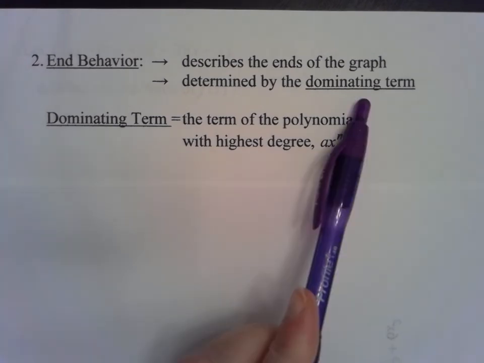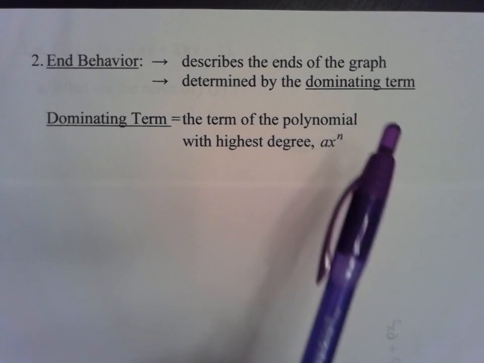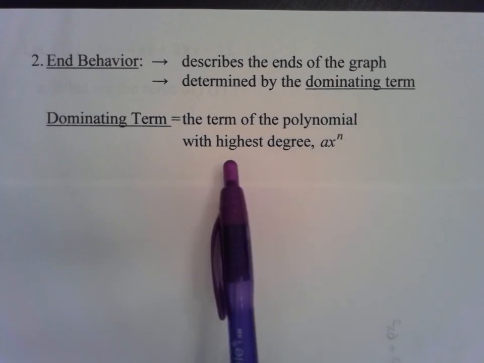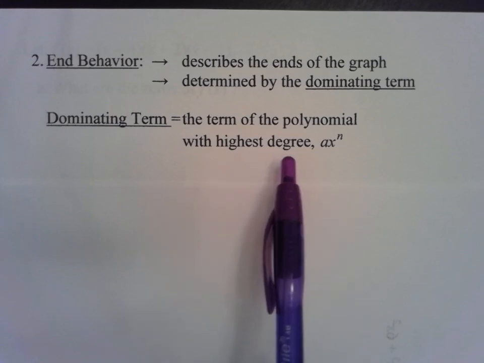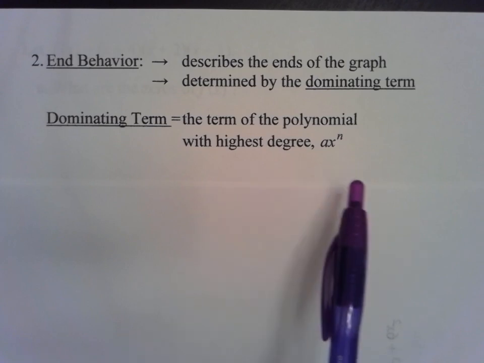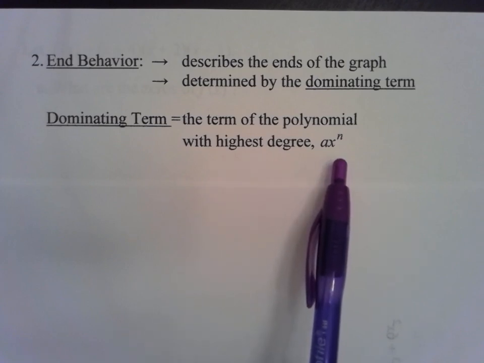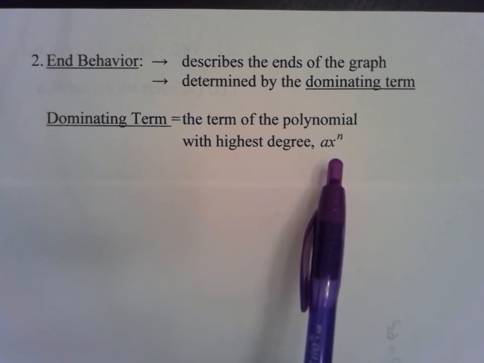So the end behavior is determined by what's called the dominating term. And the dominating term is the term of the polynomial with the highest degree. So if we're writing it from largest exponent down to smallest, this is going to be the term in the very front.